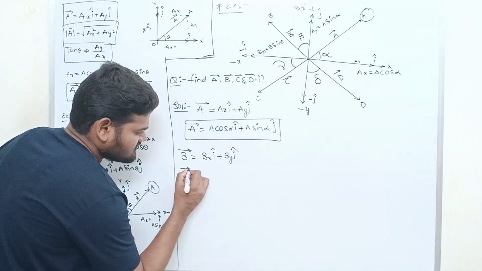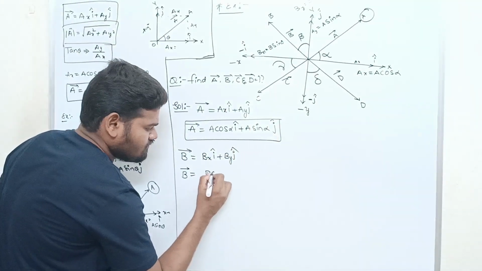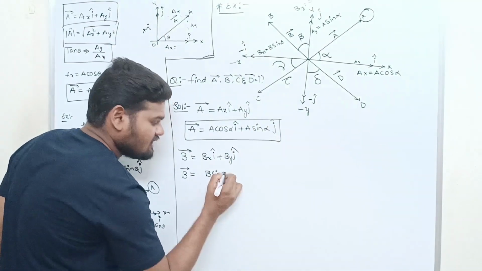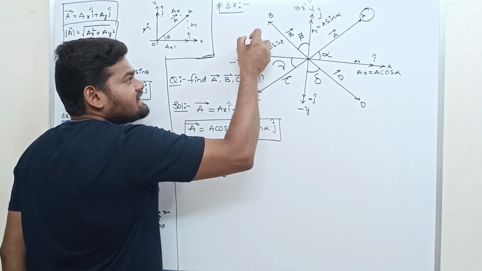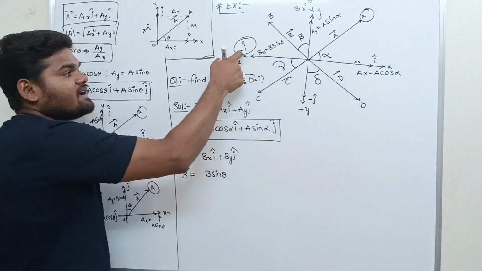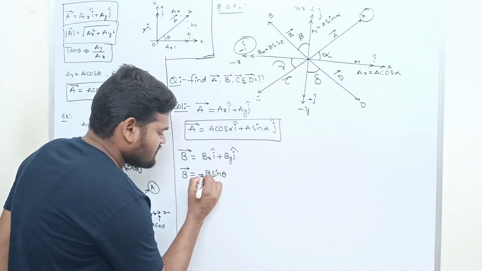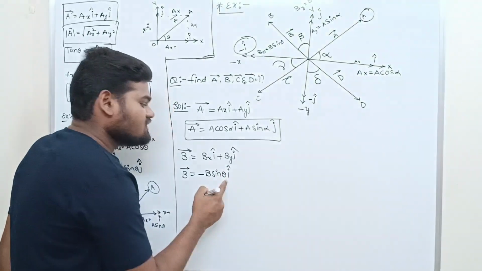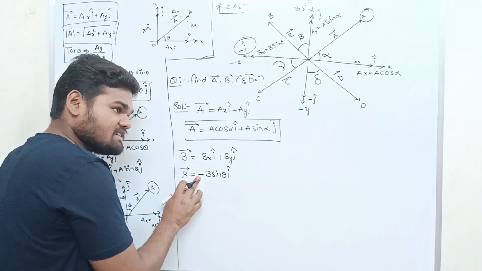That's it. Okay, let's have a look. So B bar is equal to what is bx? Bx is equal to b sin theta. Here we have I cap, but this bx is along negative I cap. So in place of I cap, you will get minus I cap, because the component bx is along the negative x-axis.